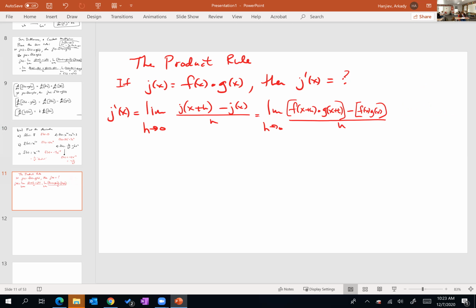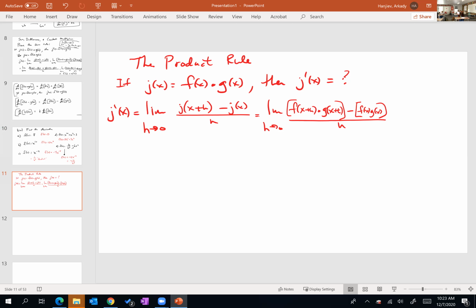This is one of those things in mathematics that happens sometimes, where you get a little brain surge. We're stuck between the f of x plus h and g of x plus h, and then just the plain f of x and g of x.